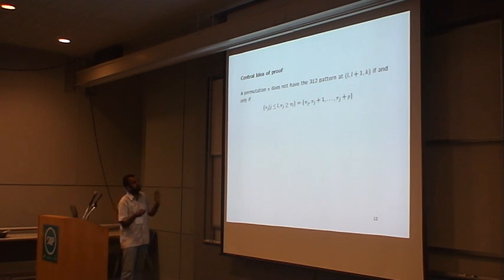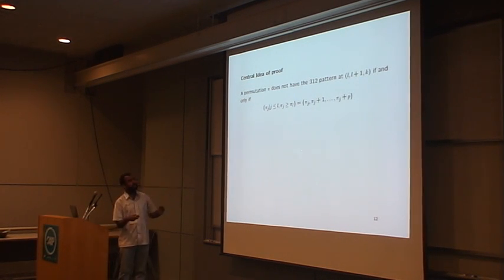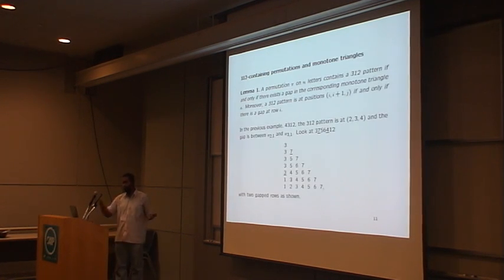Let me go through it. I look at the lth entry, and at all the entries in the permutation before the lth entry that are larger than pi l. If this is a set of consecutive integers, then there cannot be a pattern at l plus 1, k. So this is a tiny lemma that we need.